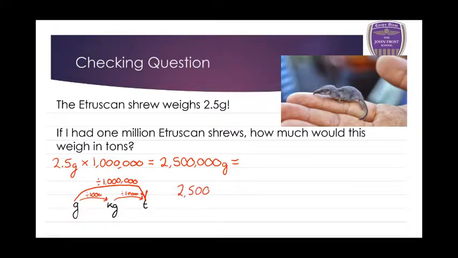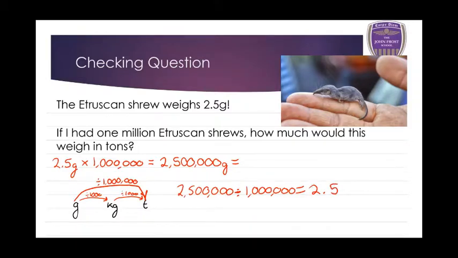So 2.5 million divided by 1,000,000 equals 2.5. Okay.